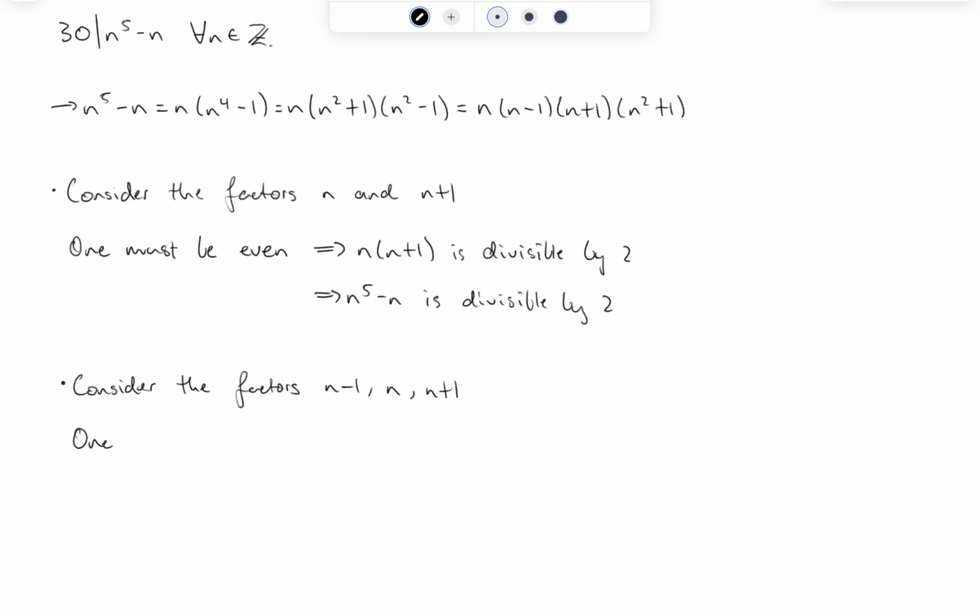So one must be divisible by 3. So in the same way, you take the factors together, so n minus 1, n, n plus 1 is divisible by 3.